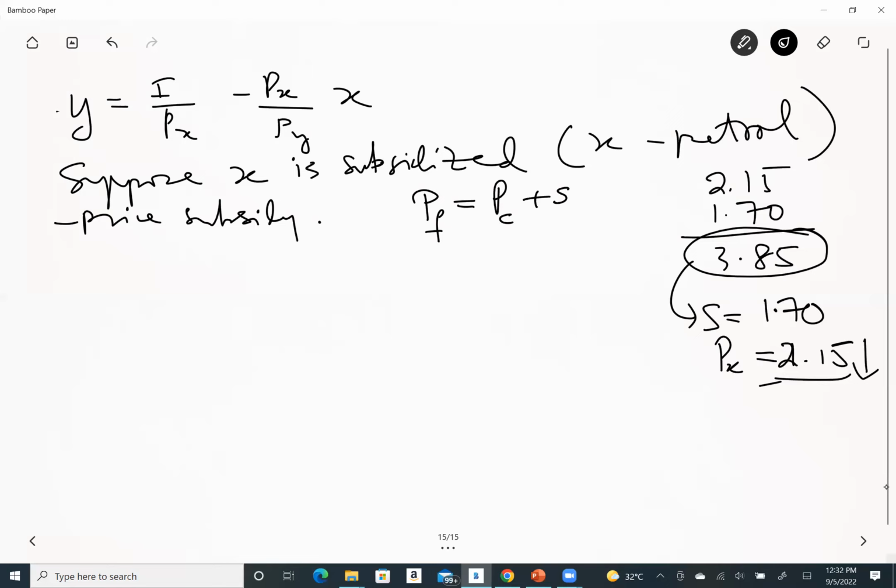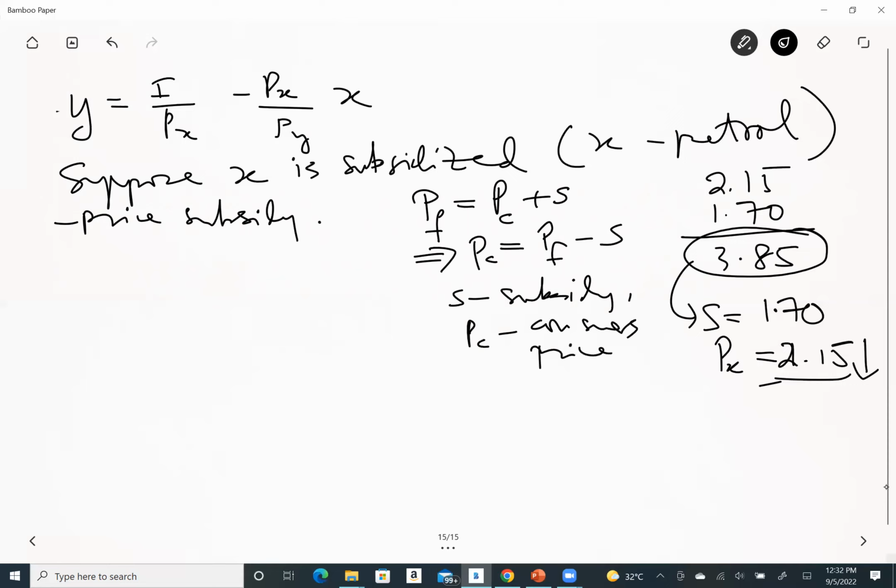If we want to rewrite in terms of how much we pay, PC equals PF minus the subsidy. S is the subsidy, PC is the consumer's price, PF is the firm's price.